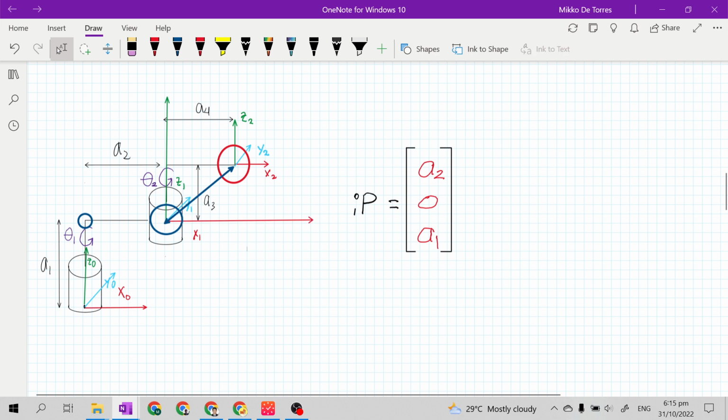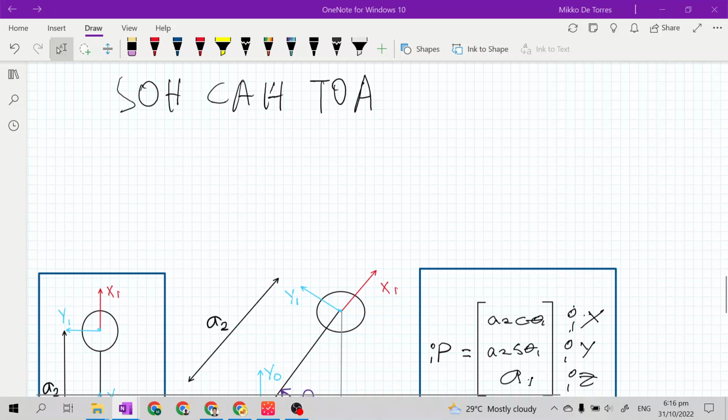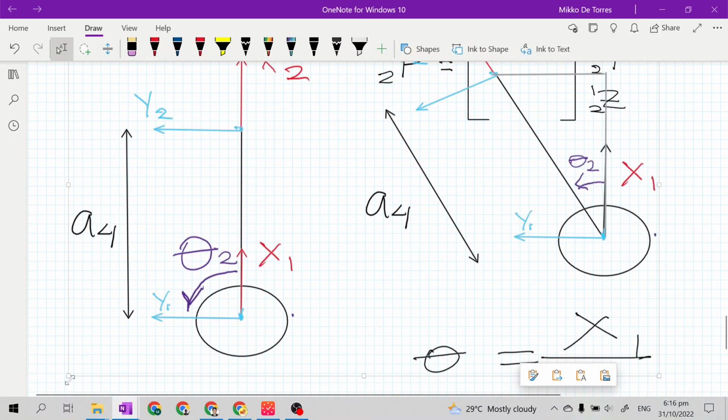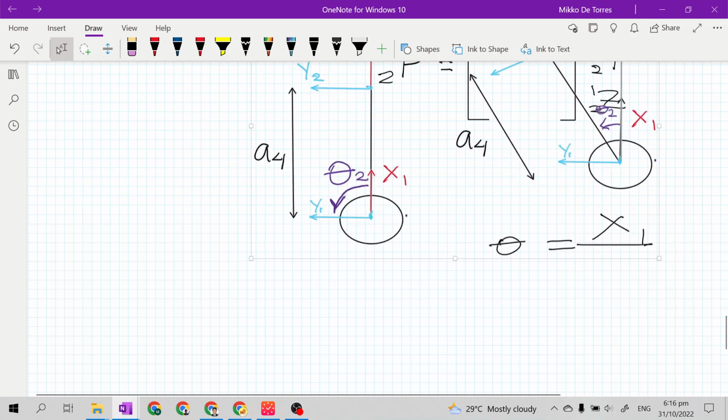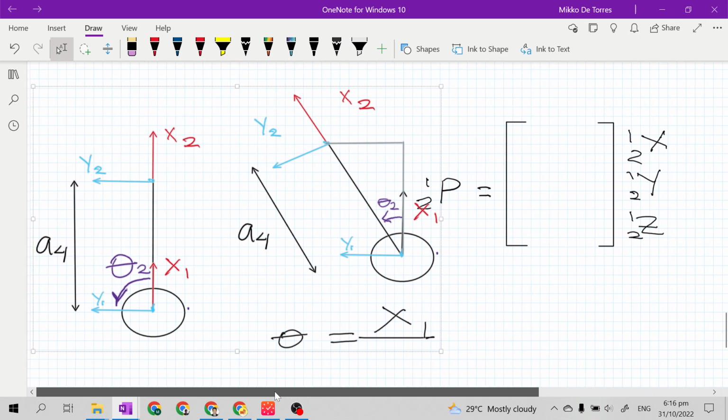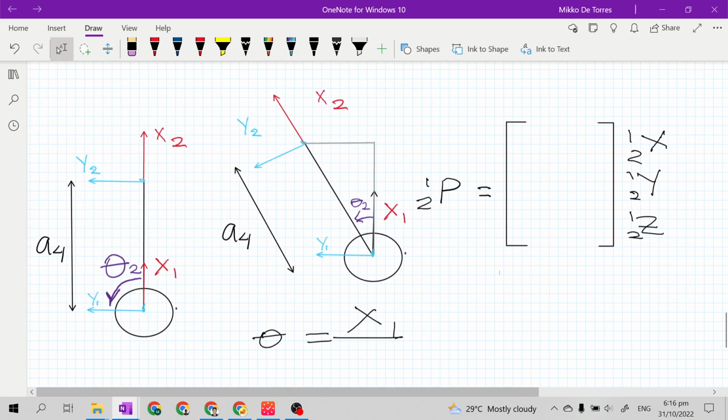Just like what we did on frame 0 and frame 1, we will redraw this in top view. It will be a bit different because frame 2 is the end effector. So it will look like this.